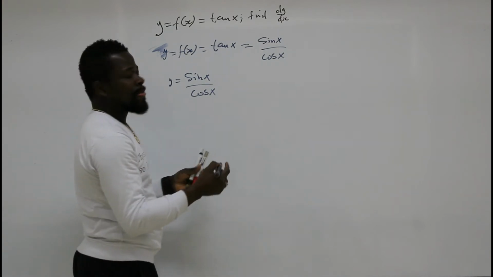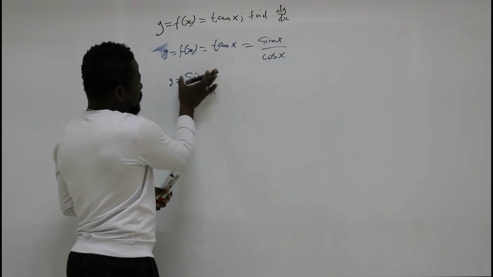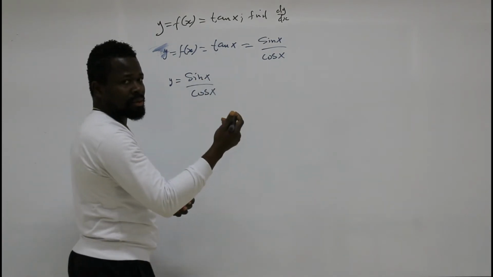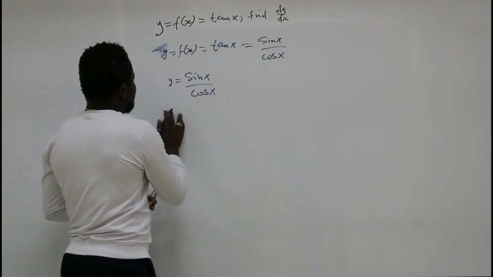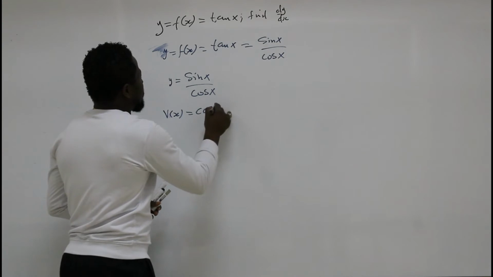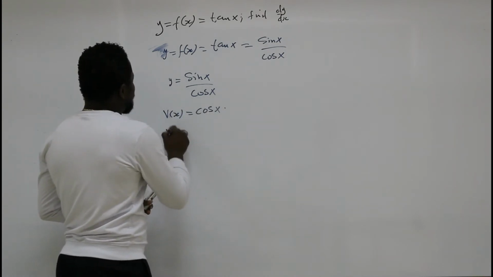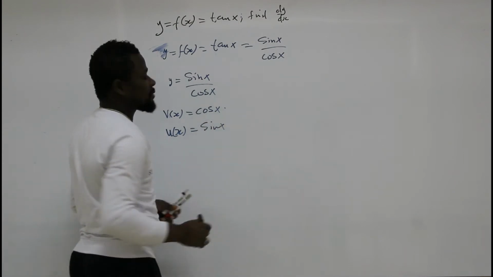Then I will represent each of the functions with a variable. I'm going to say that v of x represents cos x, and u of x represents sine x.